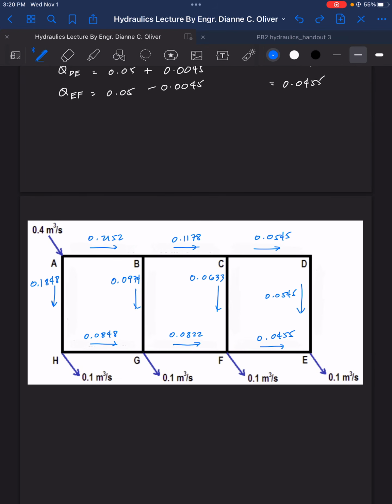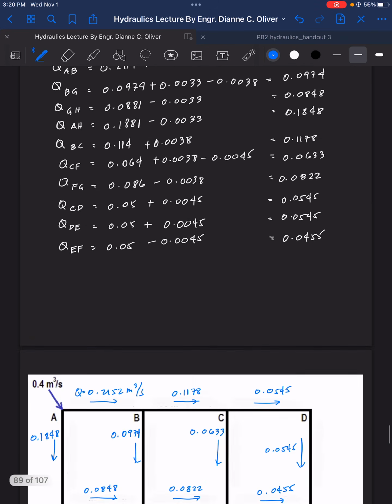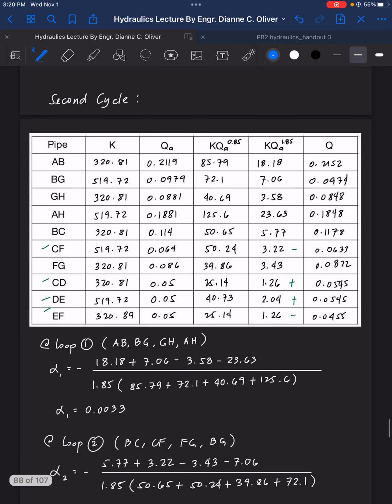So this is our Q. These are the values of Q for each pipe, and this is the tabulated value of Q for all 10 pipes. Okay. So that's all for this video.